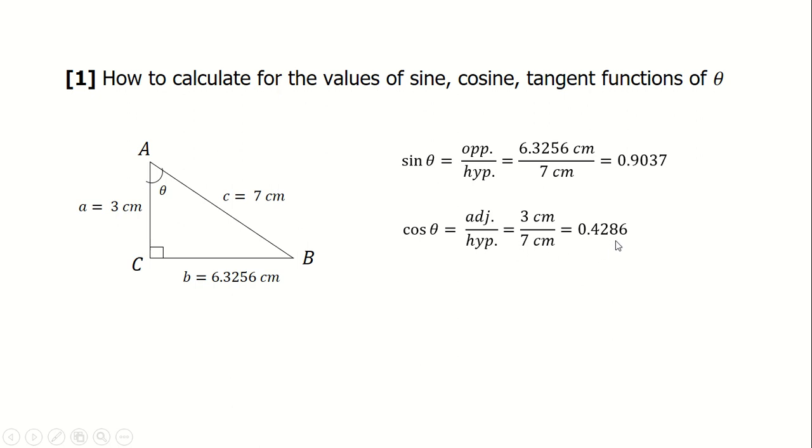So again, report 4 decimal places, 0.4286. Tangent is opposite over adjacent. So opposite is this, 6.32. Adjacent is 3. So if you get the quotient, if you get the ratio, this is what you have. Okay, so these are the values of the three different functions considering this angle.